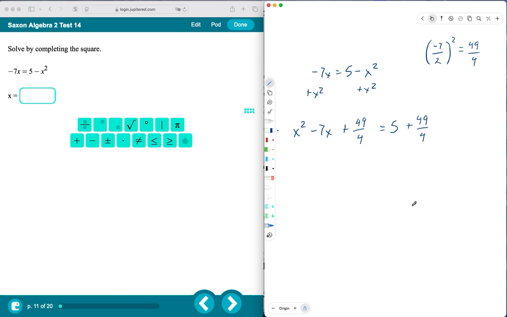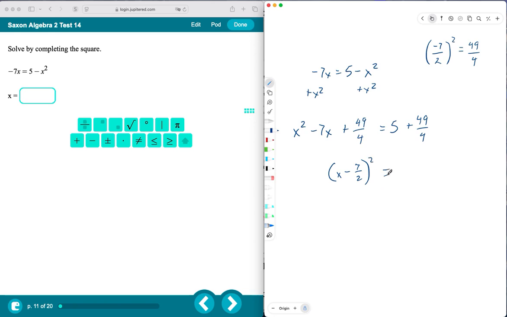Okay, so my next step is to make this to where I can combine it. And when I do that, I'm also going to factor this. I don't even have to think about it because it's right here for me. So this would just be x minus 7 over 2 squared.